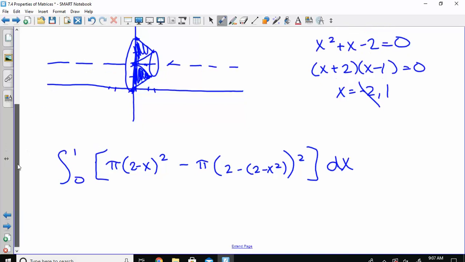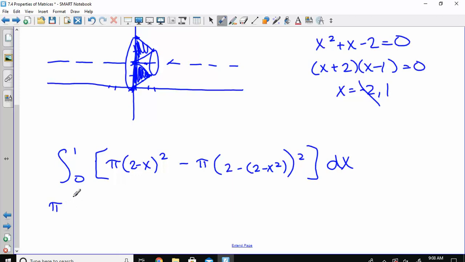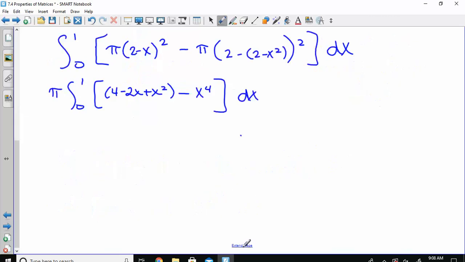So if we start simplifying, if you FOIL that one, you get 4 minus 4x plus x squared. Minus, if I distribute my negative, my 2's drop, then I have an x squared squared, which is an x to the 4th. So we could integrate here.